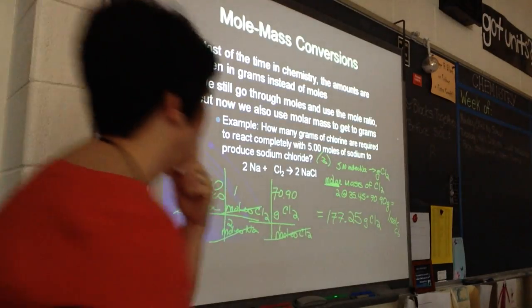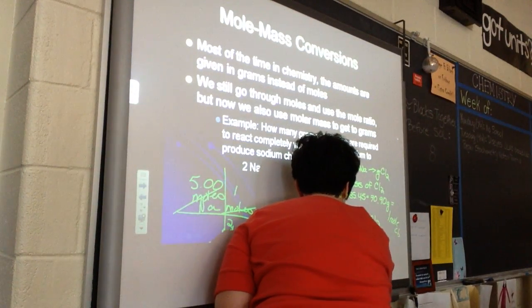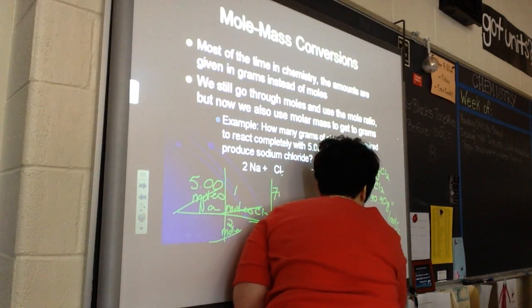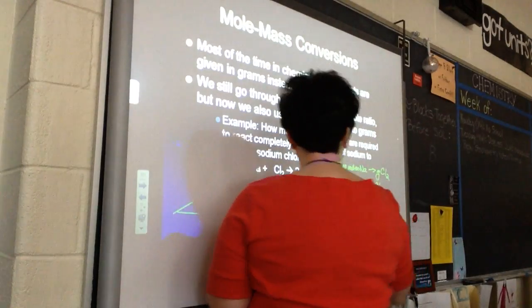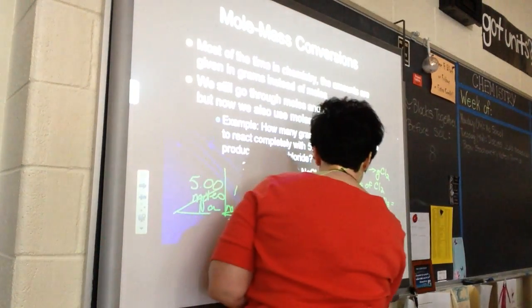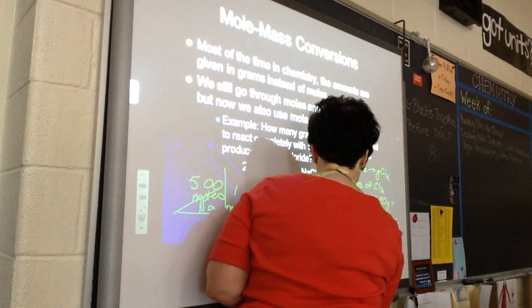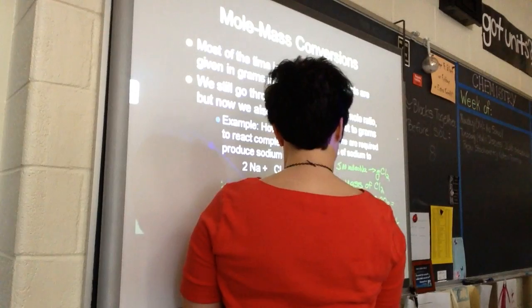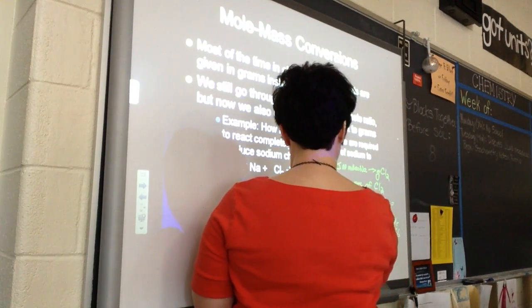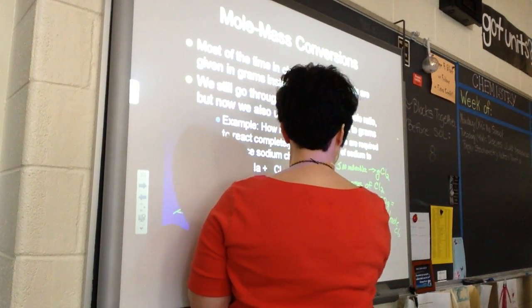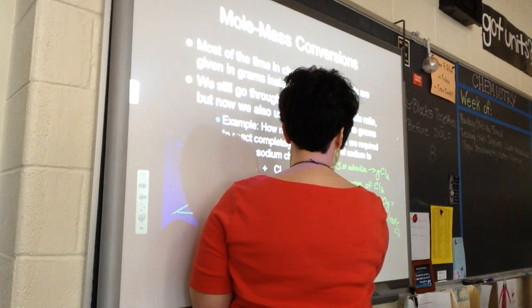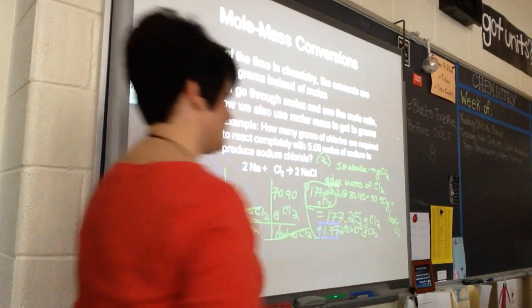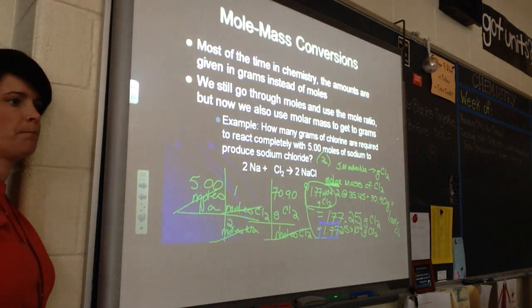Notate yes or no. Yes. 1.7725 times 10 to the positive 2 grams Cl2. We said 3 sig figs, so 1.77 times 10 to the 2 grams Cl2. Yes?